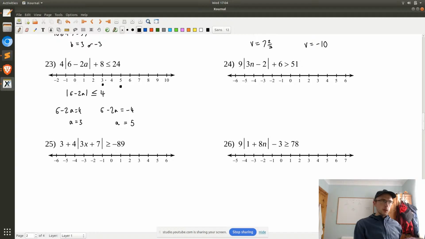Is 4 included? I mean, I think yes, but let's see. 6 take 8. Absolute, that's 2. 4. 51 take 6 is 45. 45 over 9 is 5.